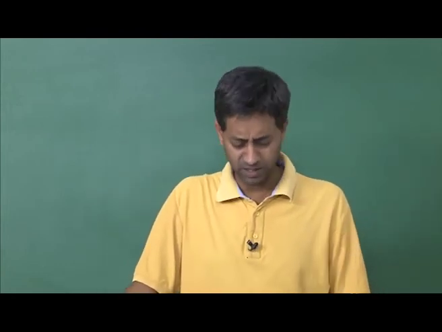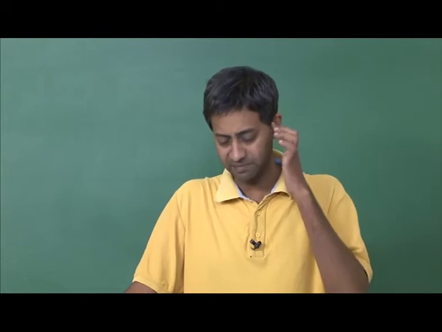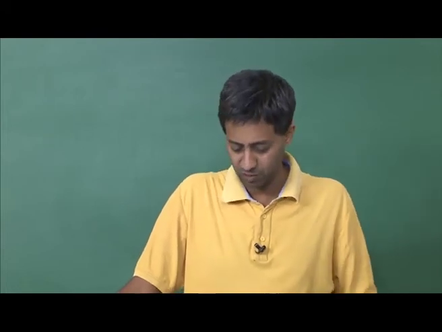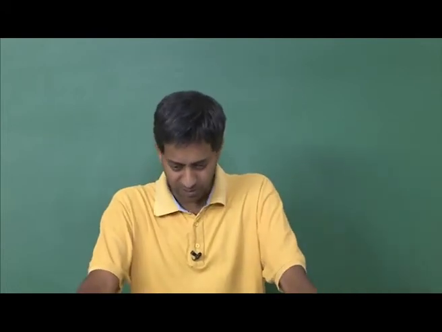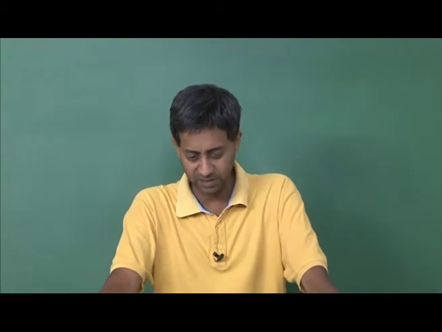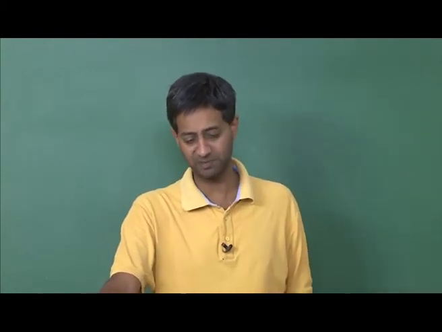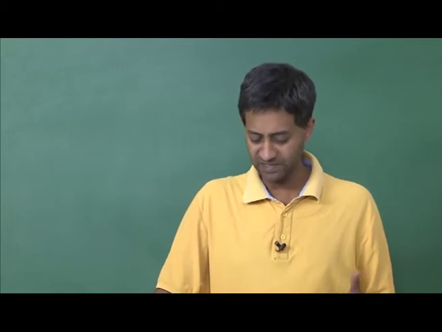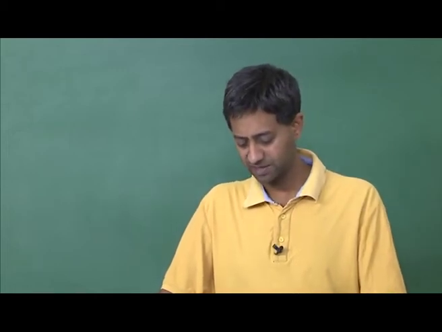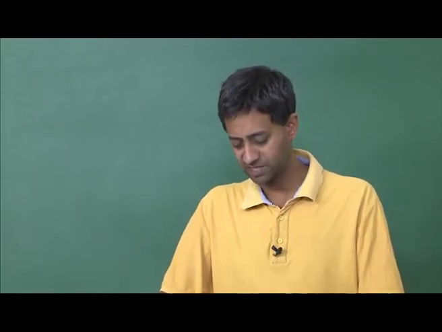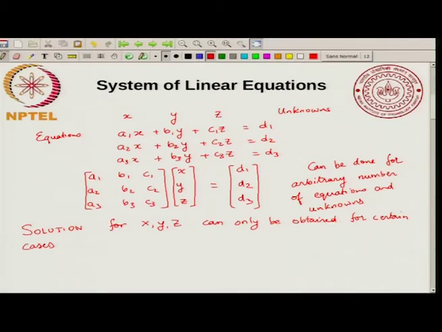There can be more complicated cases. In general you expect that, but we will see later that if these equations are linearly dependent, then it turns out that 3 equations cannot solve for 3 unknowns.